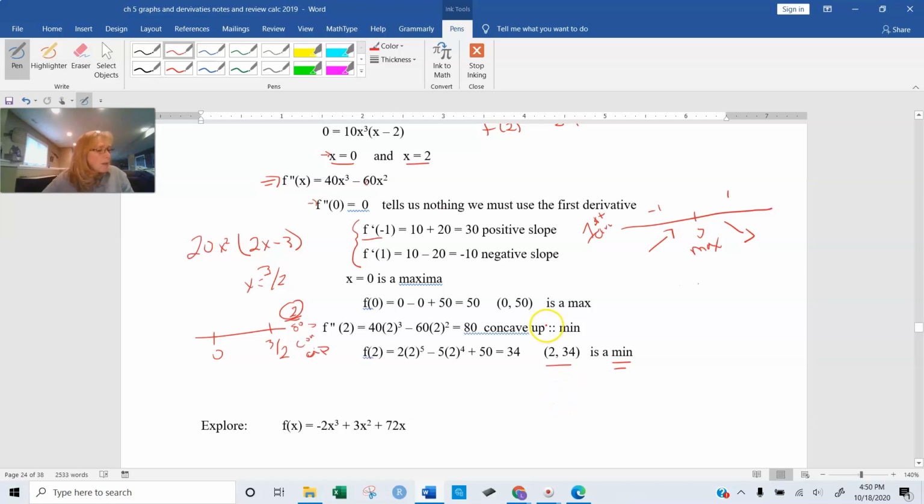So if we went to graph that thing, which we don't necessarily have to do, but it's still not bad practice. We're going to go to 0, way up here, to 50, okay? And then we're going to go to 2, and that's at 34, and that's a min, and this guy's a max.